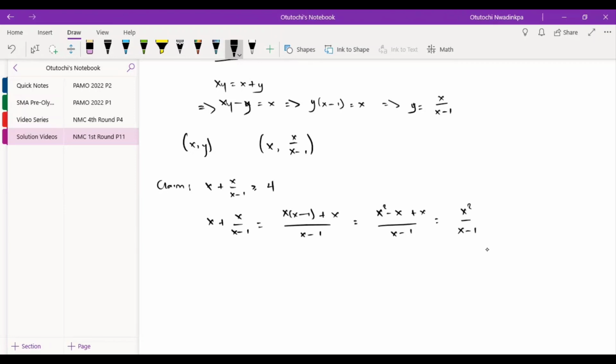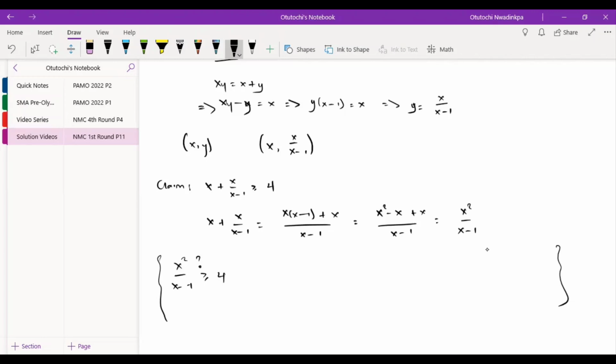Now I'm trying to show that this is greater than or equal to 4. So maybe we can work backwards a little. I'm trying to show that x squared over x minus 1 is greater than or equal to 4.